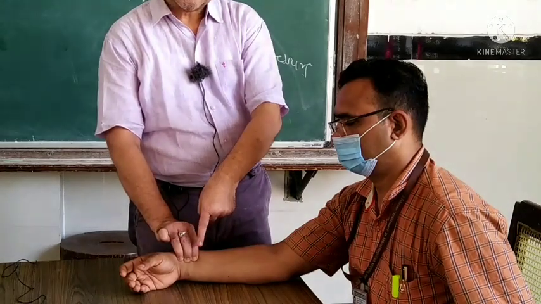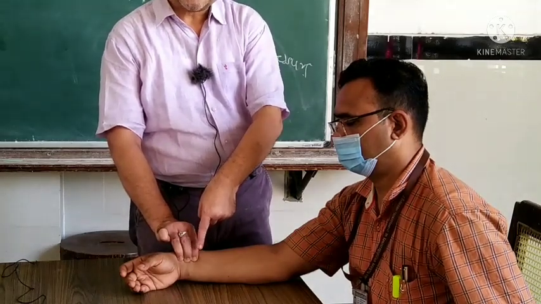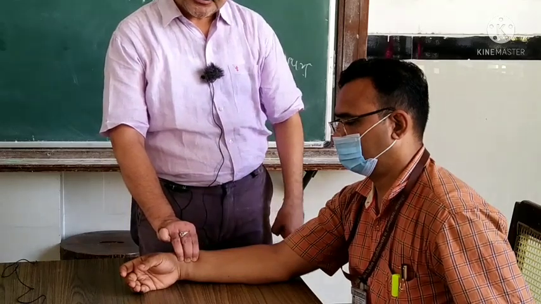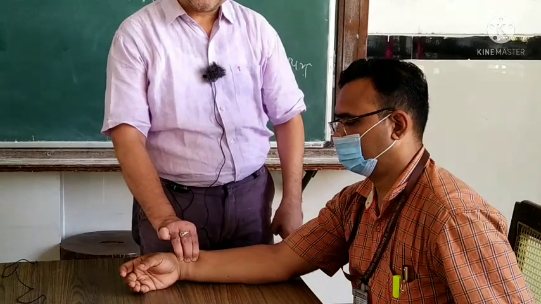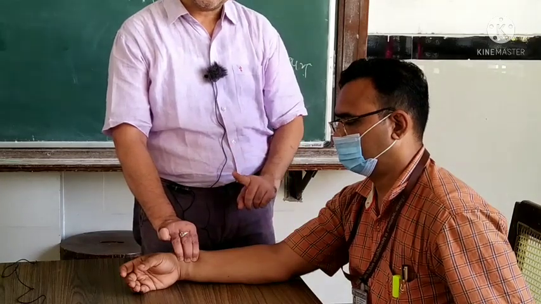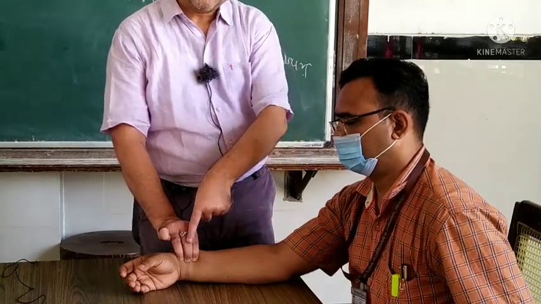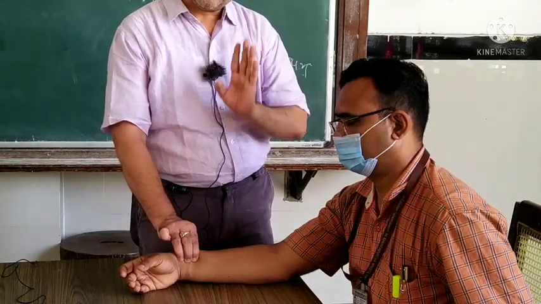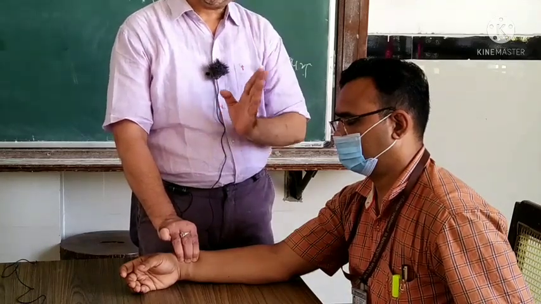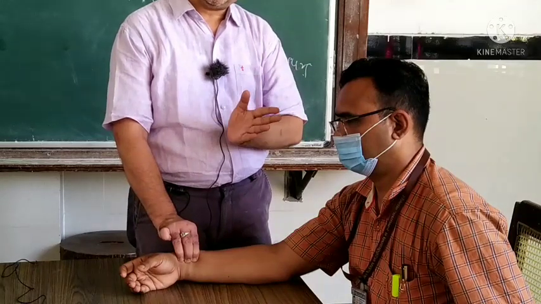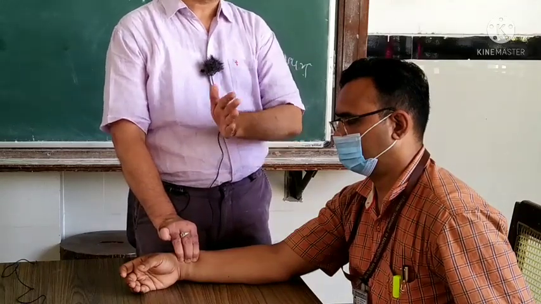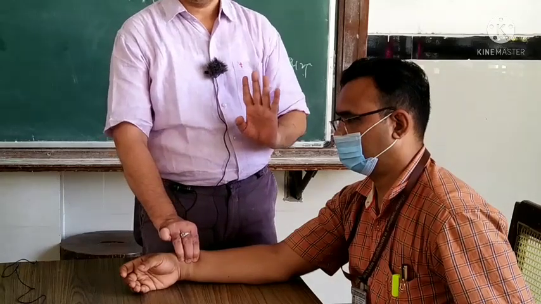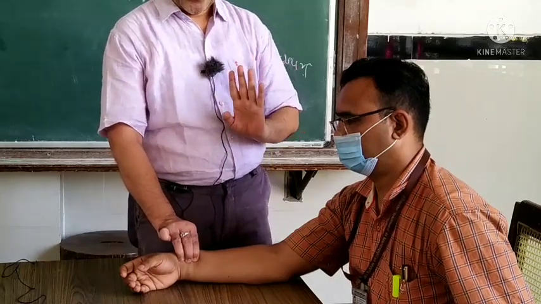Obliterate the pulse with the help of the index finger and see how much pressure is required to obliterate the radial artery so that the middle finger doesn't feel the pulsation. The pressure required to obliterate the radial artery completely gives the rough idea about the systolic blood pressure. Got it?